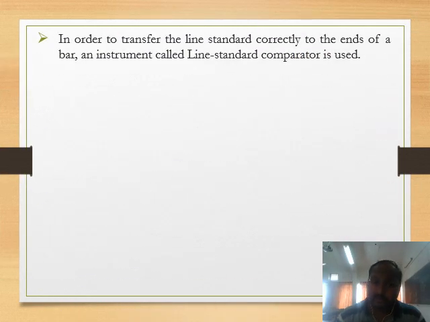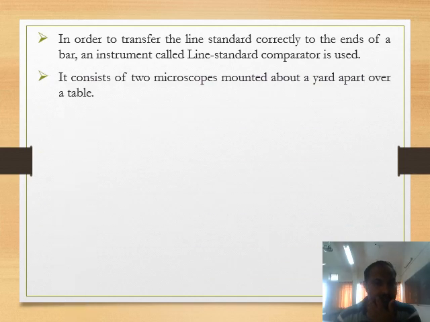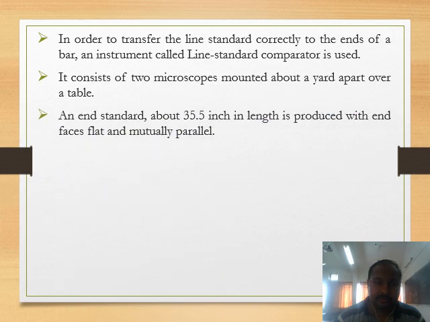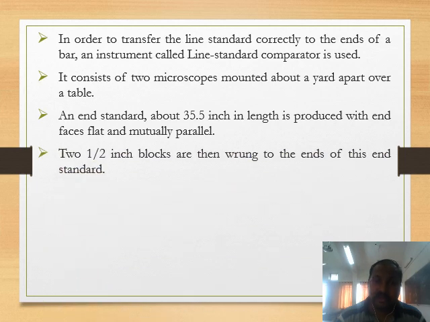In order to transfer the line standard correctly to the ends of a bar, an instrument called a line standard comparator is used. It consists of two microscopes mounted, let me take a yard example, about a yard apart over a table. An end standard about 35.5 inches in length is produced with the end faces flat and mutually parallel with respect to each other.